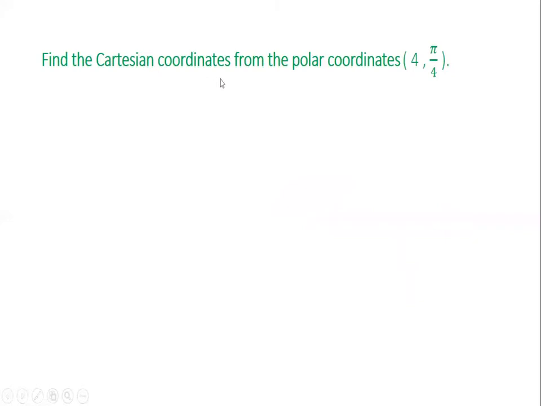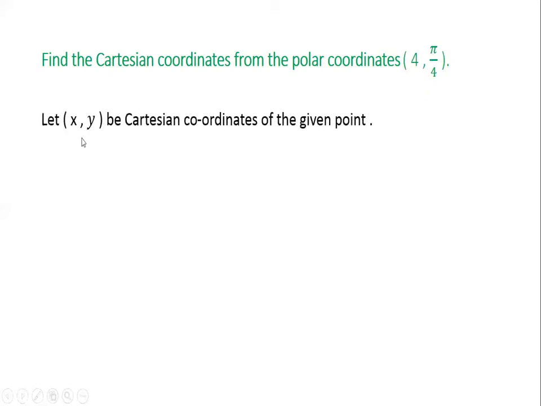Find the Cartesian coordinates from the polar coordinates 4, pi by 4. Let x, y be Cartesian coordinates of the given point 4, pi by 4. Because you know x equal to r cos theta. Here r equal to 4, theta equal to pi by 4. So putting this value, we get x equal to 4 cos pi by 4. Here 4 remains same.